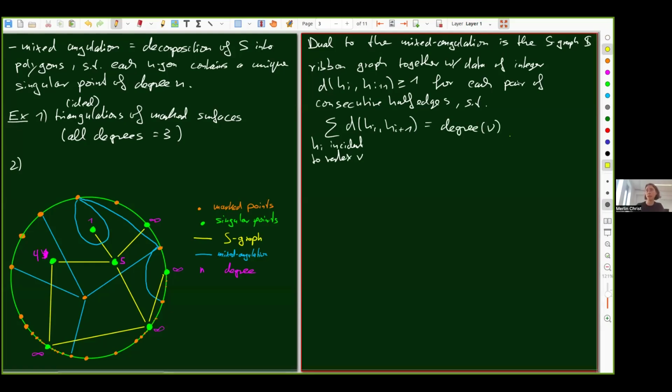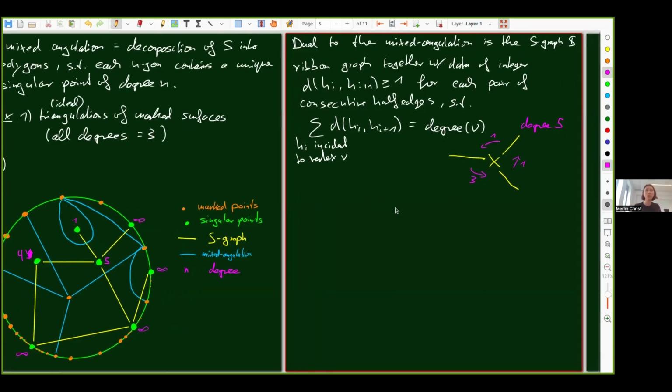So if we look at an example, if this is your S graph, and the degree of the vertex is, say, 5, then you could have here, this distance could be 2, this distance could also be 2, and this could be 1. And then the sum of these 3 is 5. Or you could also say this is 1 and this is 3. That would also be possible. But all of them need to be bigger or equal than 1.